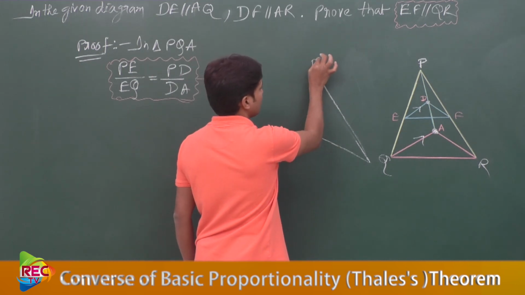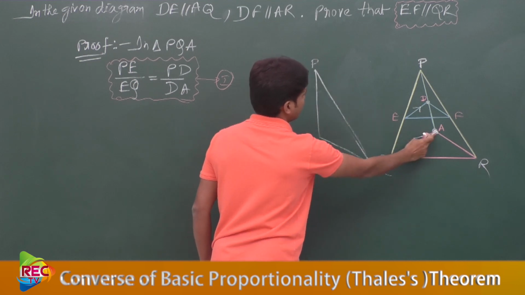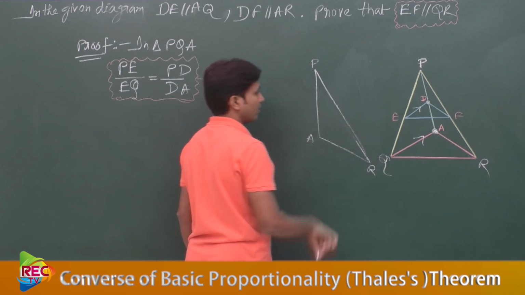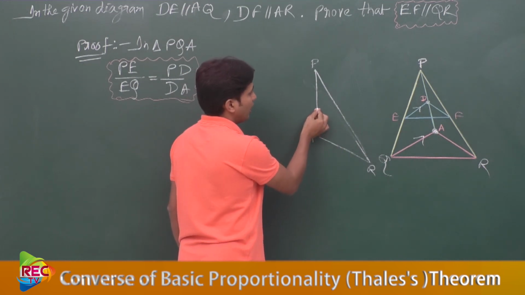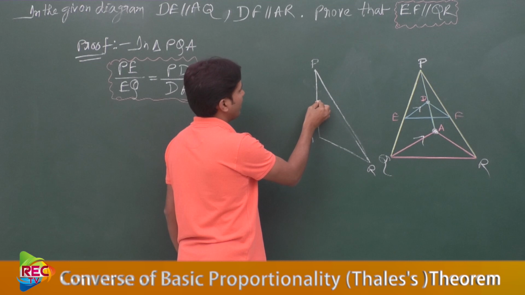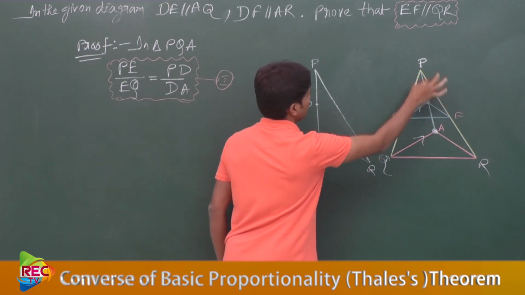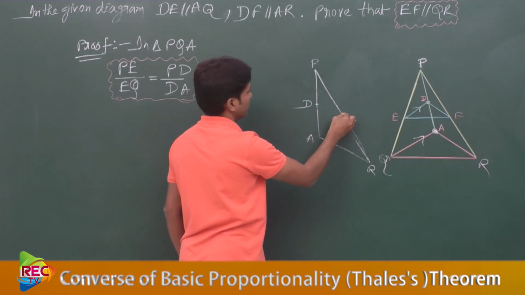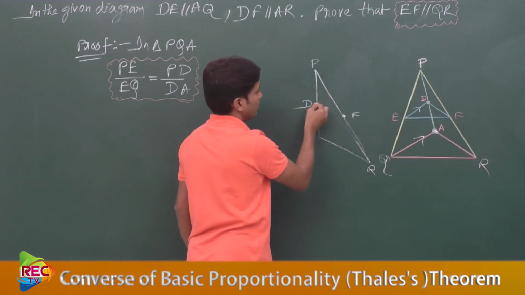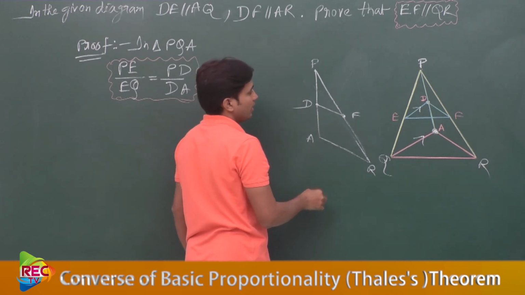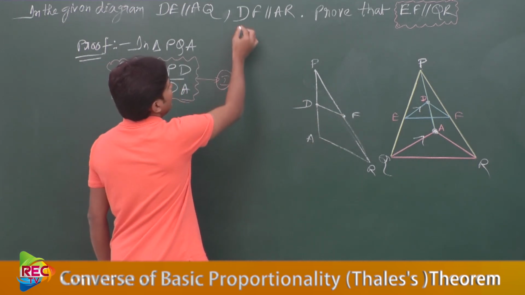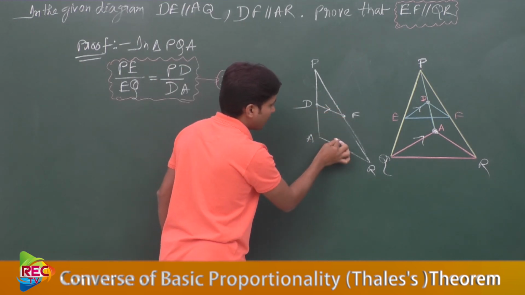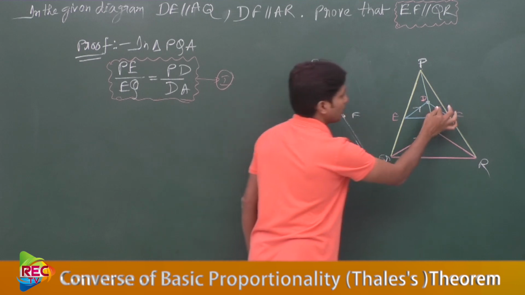This is P, this is A and this is R. We are given a point D on PA and a point F on PR. This is the line joining DF, and we are given that DF is parallel to AR.